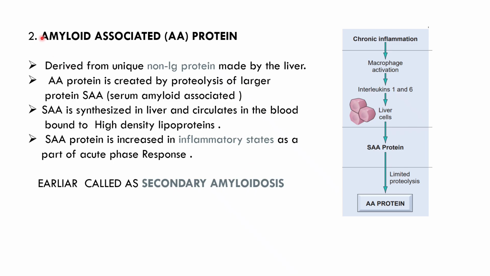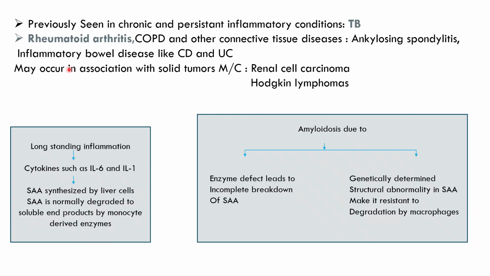The second one is amyloid associated protein, that is AA protein. Earlier it was known as secondary amyloidosis. As I discussed earlier, it is seen in chronic inflammatory conditions.